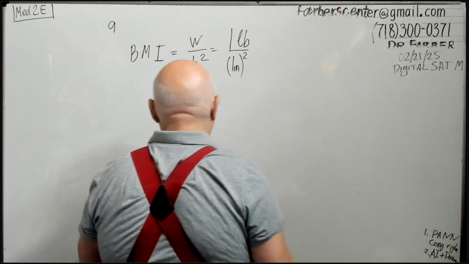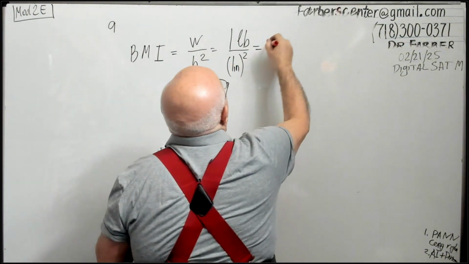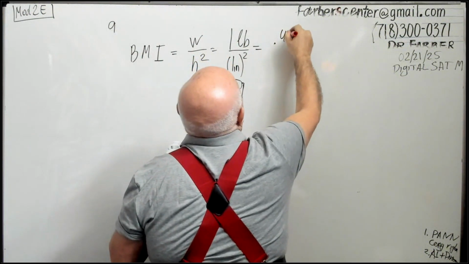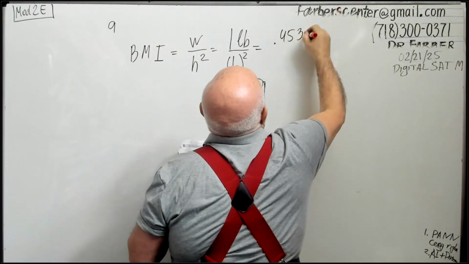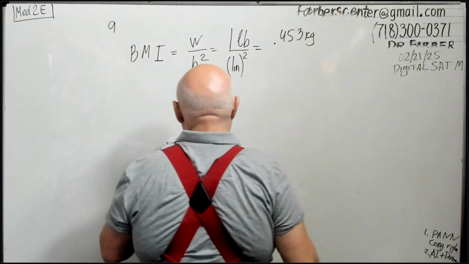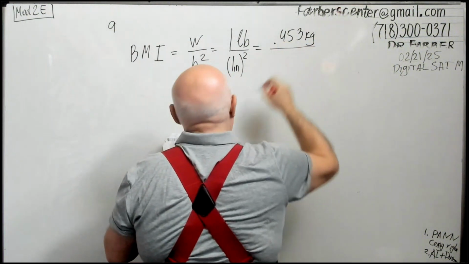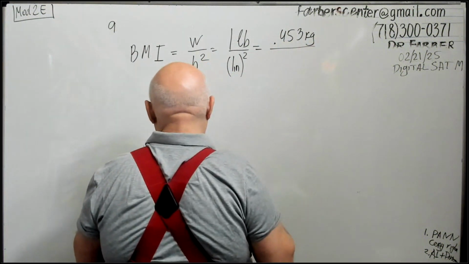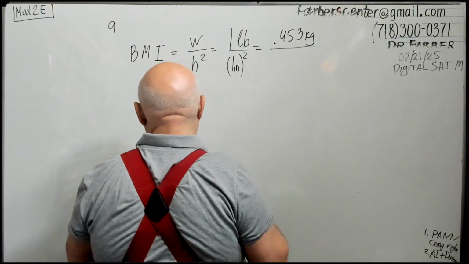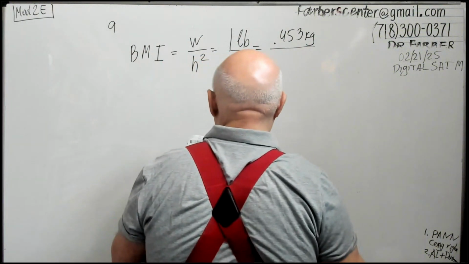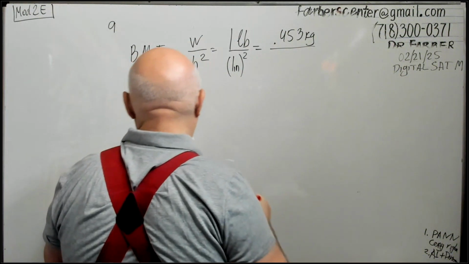But 1 pound is 0.453 kilograms. And 1 inch, they provided this, is 2.54 centimeters. They ask you about meters, right?